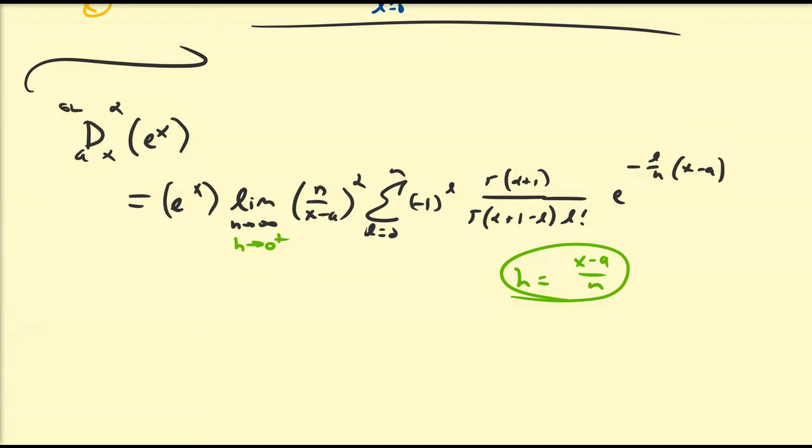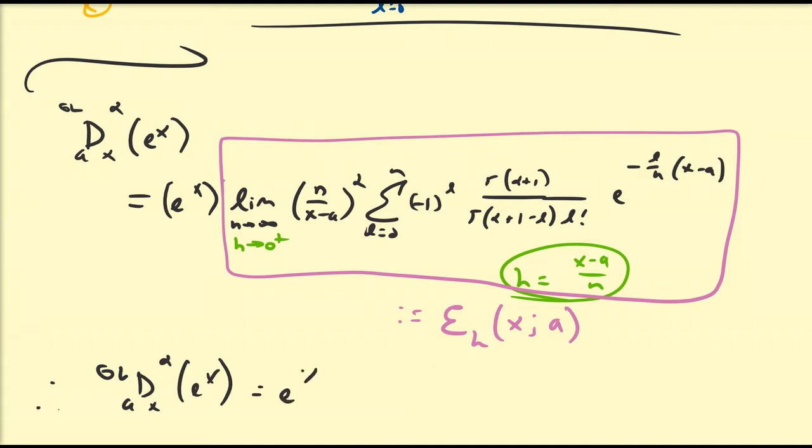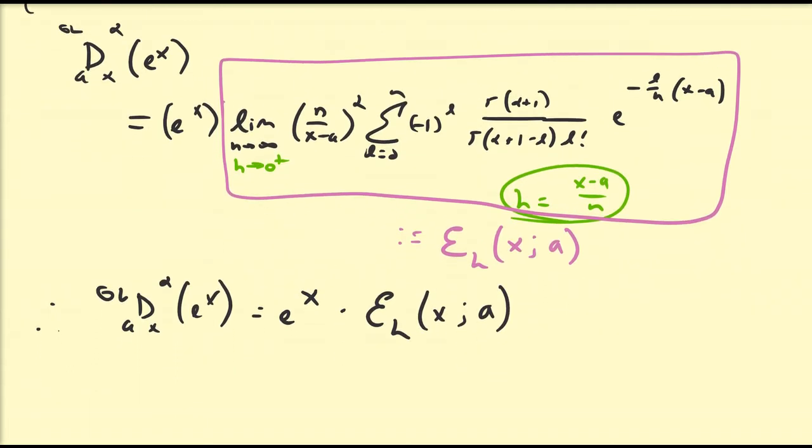So we can define this expression as some function E with parameter h of x with some other parameter a. Therefore, the Grunwald-Letnikov derivative with base point a of order alpha of e to the x is just going to be equal to e to the x times this new function E_h(x) with parameter a. So this is our result.